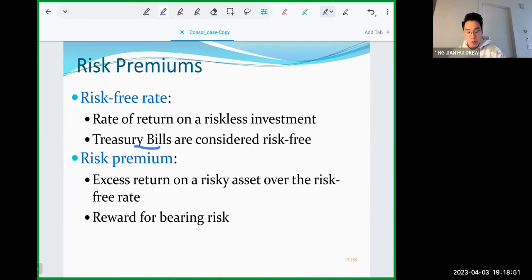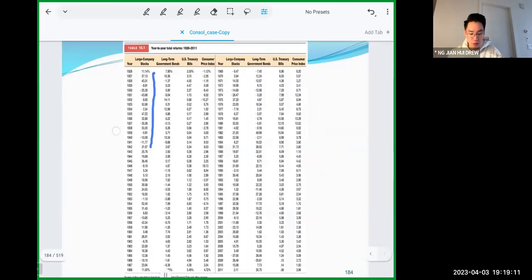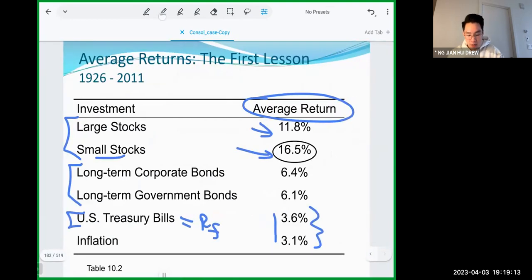All right, so once we understand the idea of risk-free, anything that is above the returns of a treasury bill becomes the risk premium that we are taking on, right? Because of the additional risk we are taking on, that's why we get additional returns. So let me just jump back to this slide here. We know that treasury bill is 3.6, right?